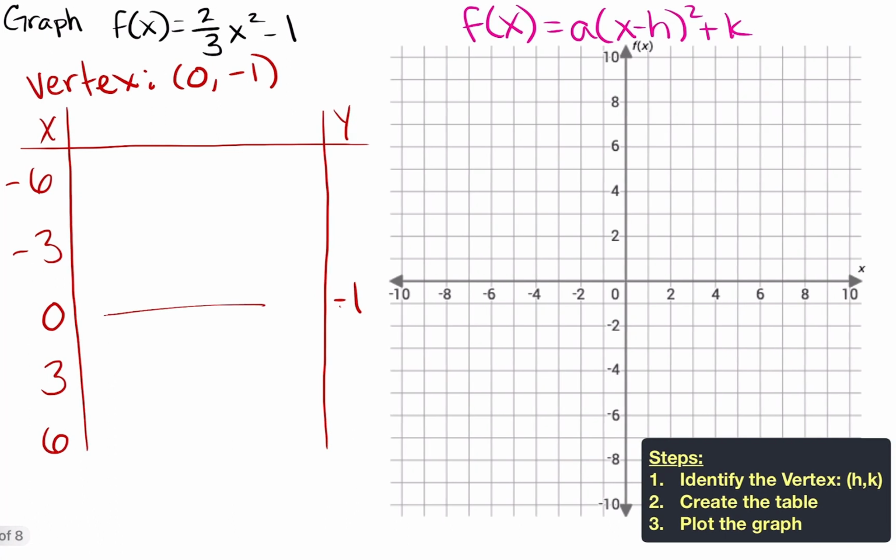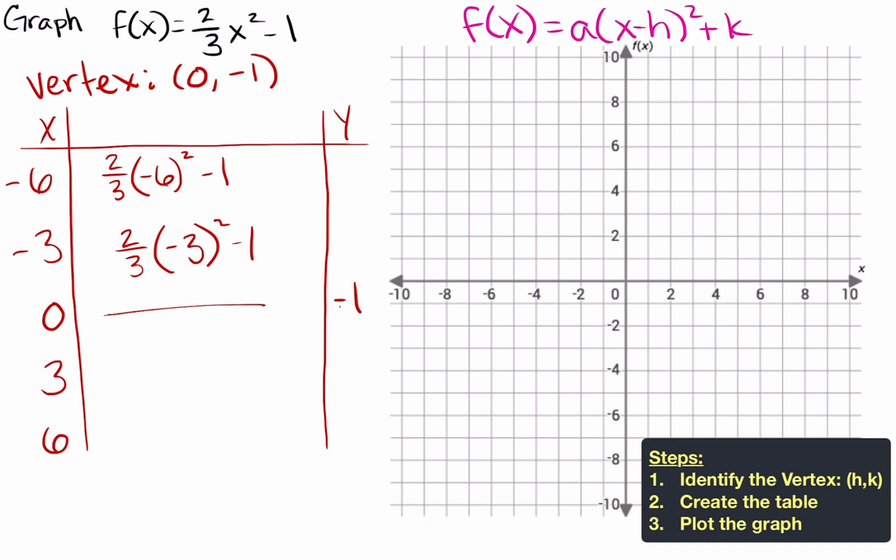Okay, so let's set up our equation. We get 2/3 times x squared, which is -6 squared, minus 1. And then the next level, we get 2/3 times -3 squared, minus 1.